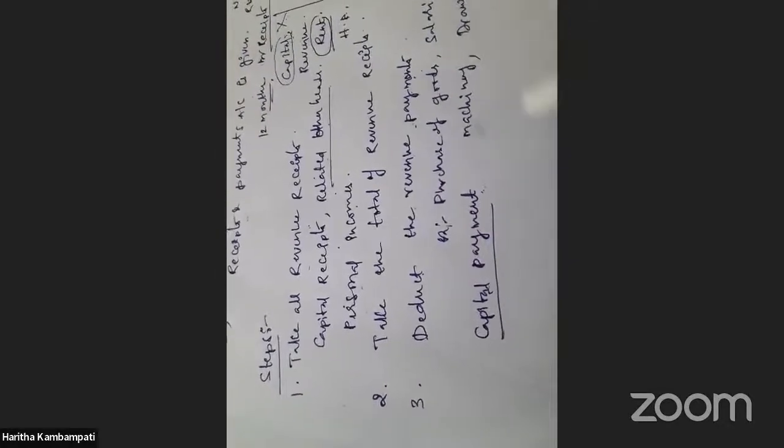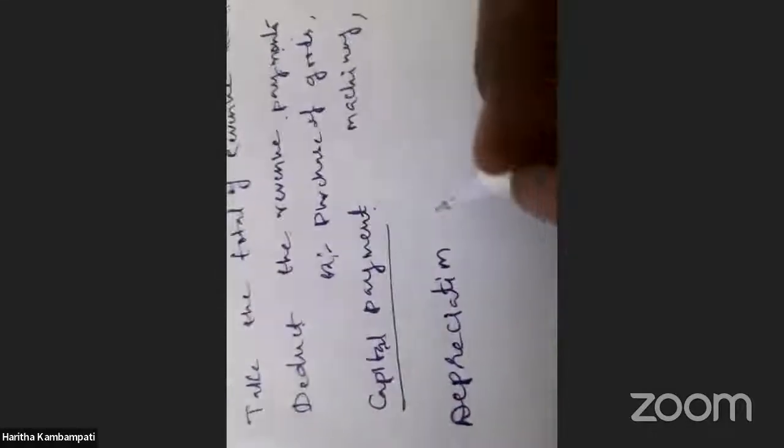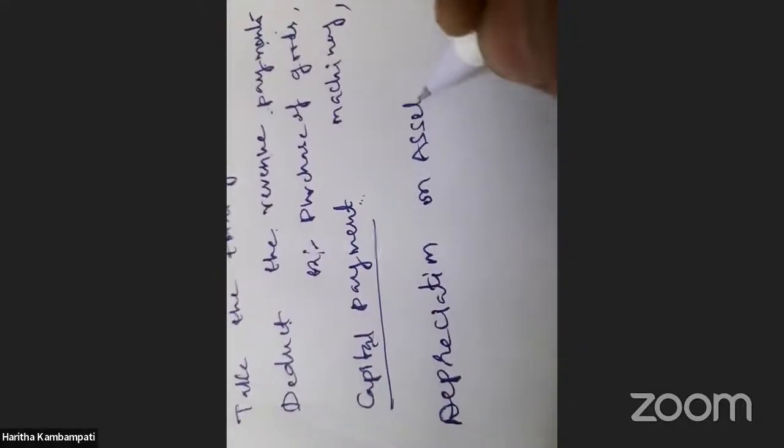So this is the rule regarding deducting the revenue payments. The last one is any depreciation on assets.